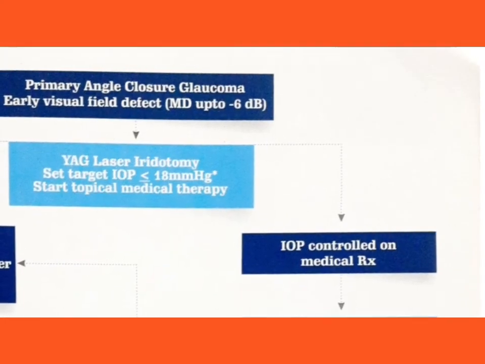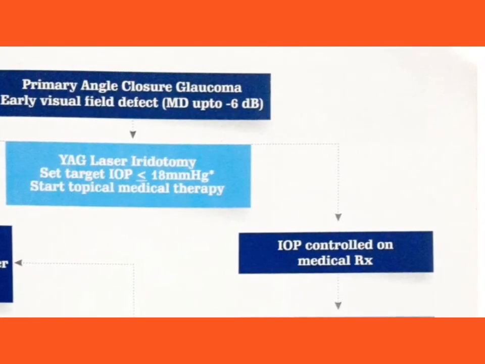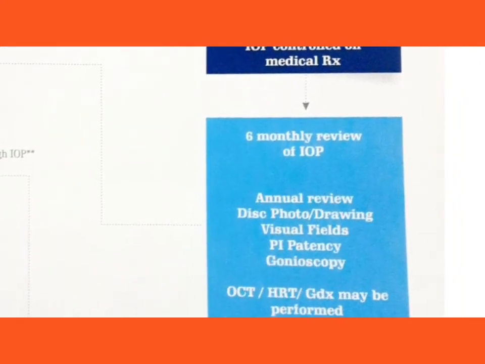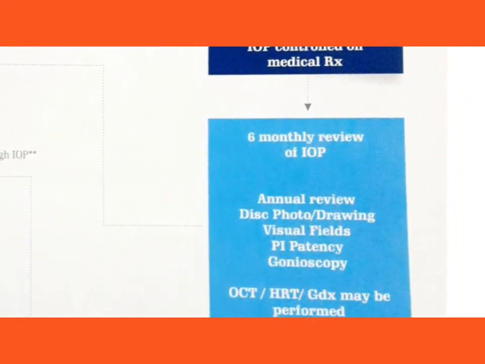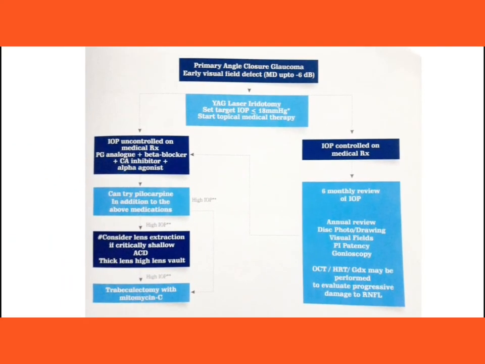Another scenario: suppose you did YAG laser and the IOP is now controlled on medical treatment. Then you need to instruct the patient to come for a routine examination to the clinic with a review every 6 months. Okay. So these are some guidelines on how you should manage a person who has primary angle closure glaucoma.